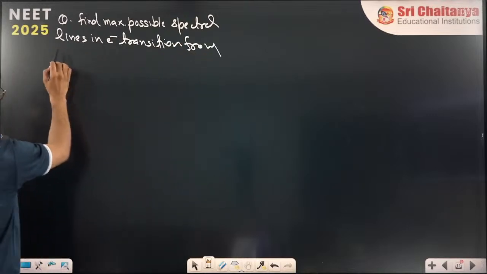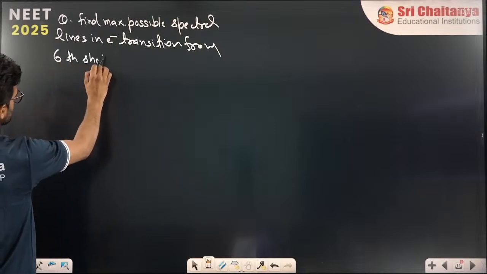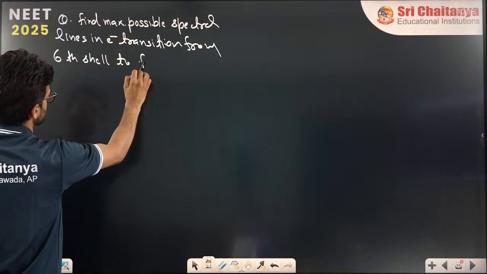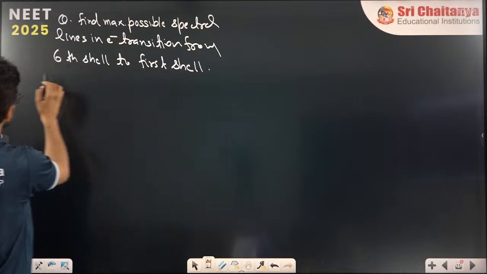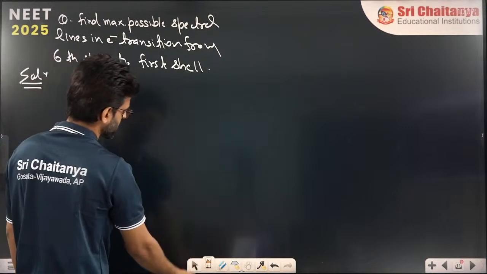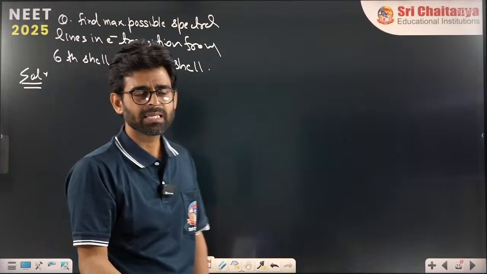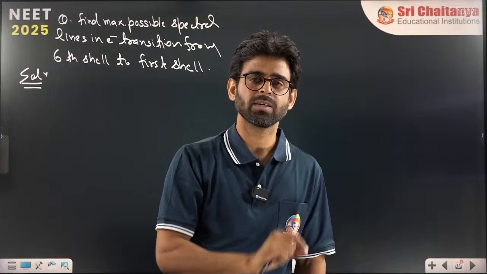from the 6th shell to the first shell. To first you can write, or maybe second they can give, or whatever they give. N2 I have 6, N1 I have 1.